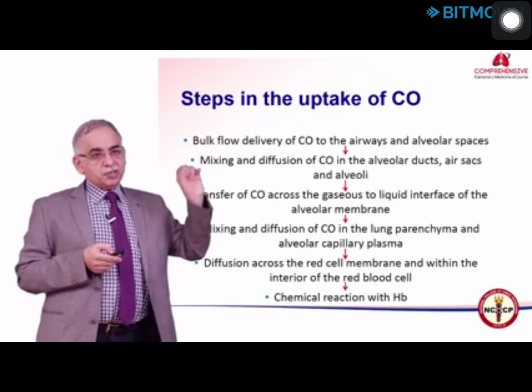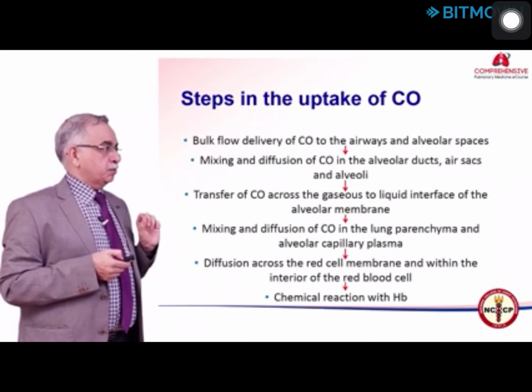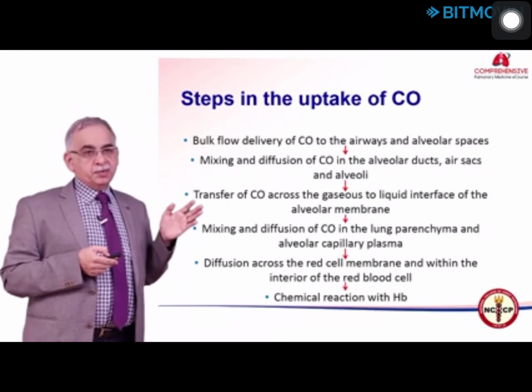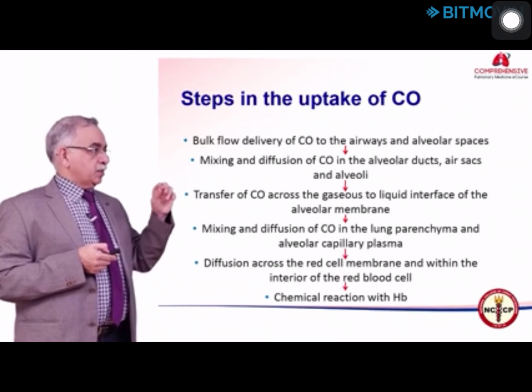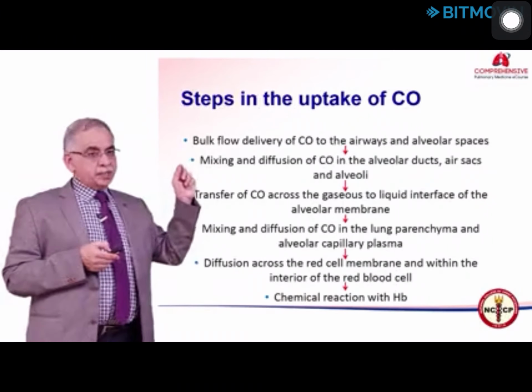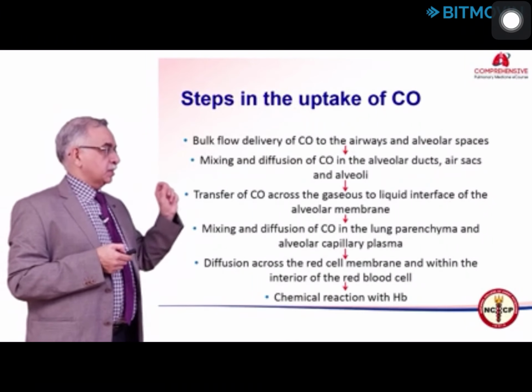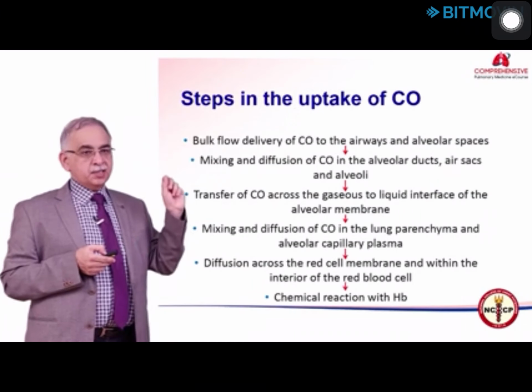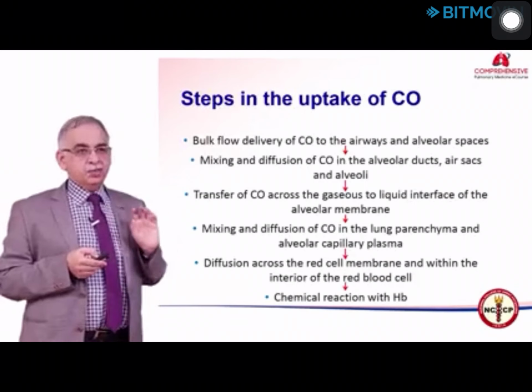Now, there are several steps in uptake of carbon monoxide. We deliver carbon monoxide to the airways and the alveolar spaces. From there, in the last part of this path, the carbon monoxide diffuses mechanically in the alveolar ducts, air spaces and the alveoli.